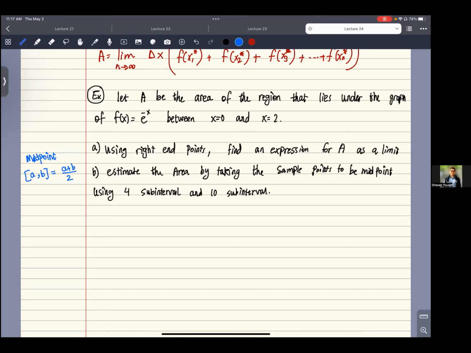Over 2. Correct. The midpoint is A plus B over 2.